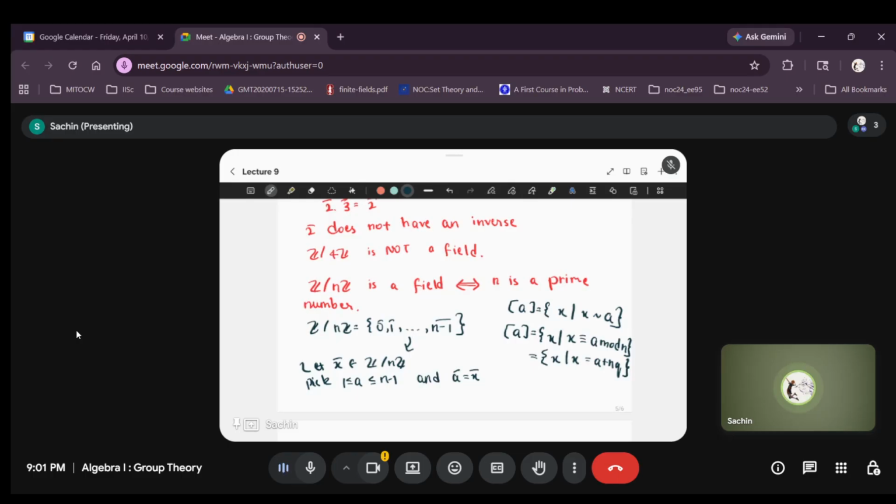But then this is also the same as the equivalence class of A plus N, because if X is equal to A plus NQ, then X is equal to A plus N plus N into Q minus 1.